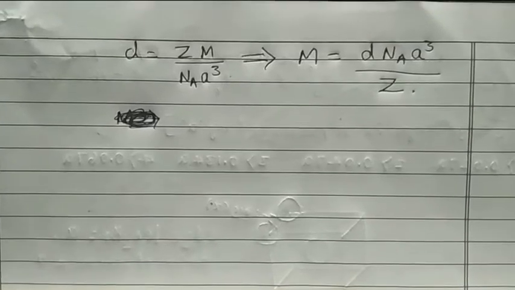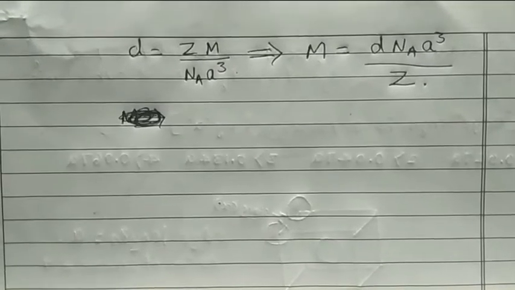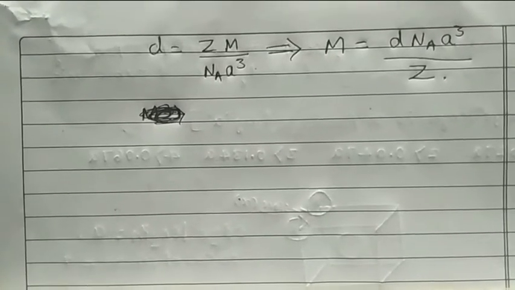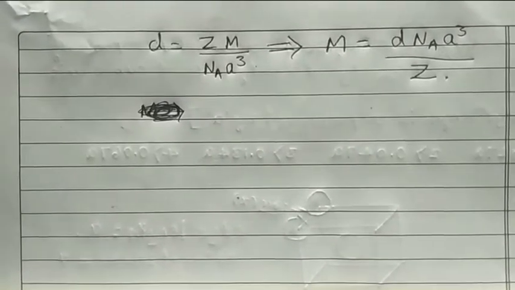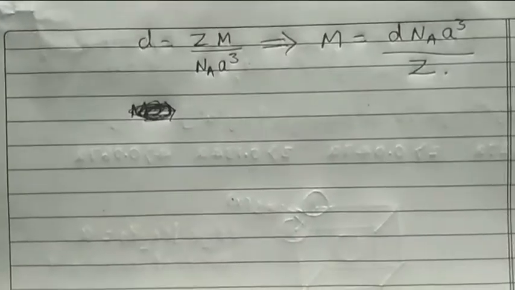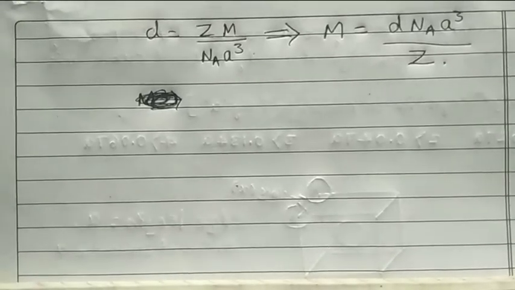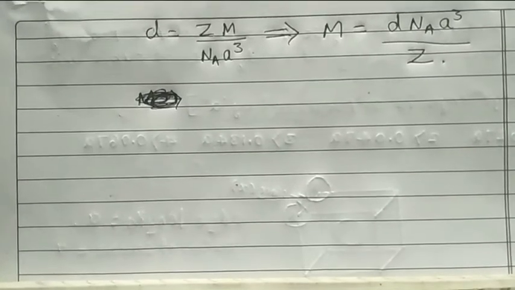Here I have written the density formula. In the question they ask to calculate the molar mass. So M is equal to density into Na into A cube divided by Z. If you are good with calculation, the problem is so simple. First we calculate the A cube, then substitute all the values, then the problem is solved.